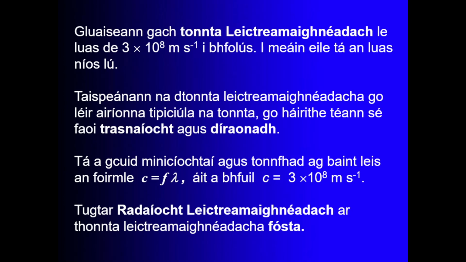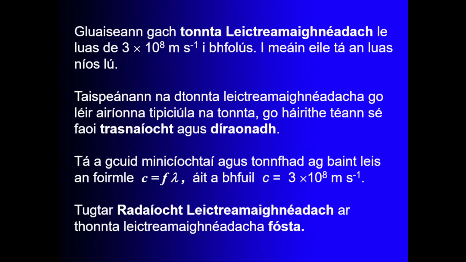The speed of electromagnetic waves is 3 times 10 to the power 8 meters a second in a vacuum. Now, the electromagnetic waves also show the typical wave nature of waves. So hence we can say that light is a wave form because it goes through all the same properties as a wave.